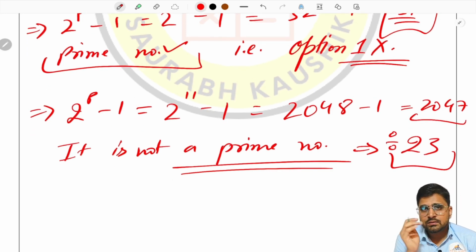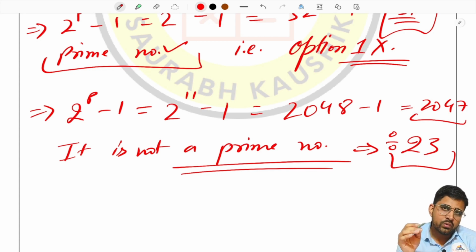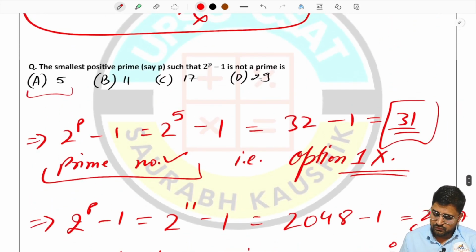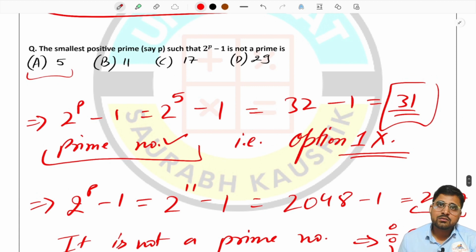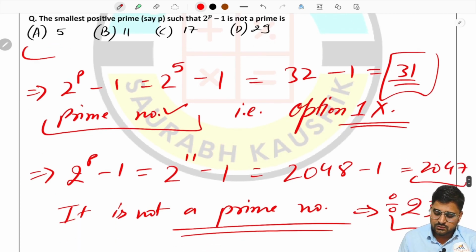If it is a multi-option question, like 1 and 2, 1 to 3, 1 to 4, then we have to solve each one of them. But it is not practically possible to put the value of 17 or 29. If you get the answer from these two only, then go to the next one.